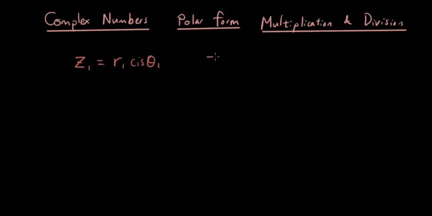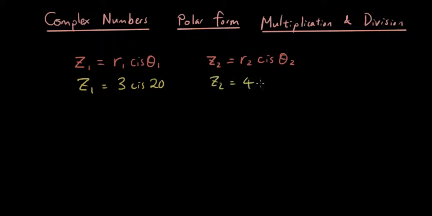Then we have Z2 equals R2 cis theta 2. So an example of that could be Z1 equals 3 cis 20 degrees, and then Z2 could be 4 cis 30 degrees or something like that.